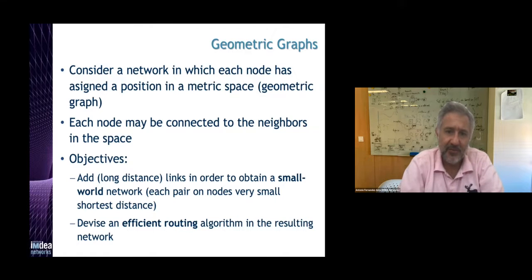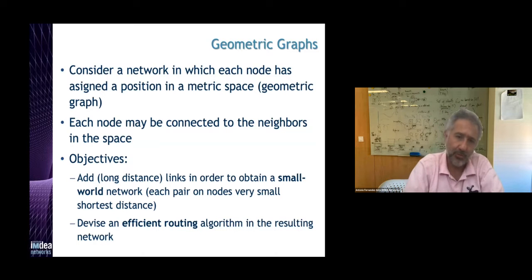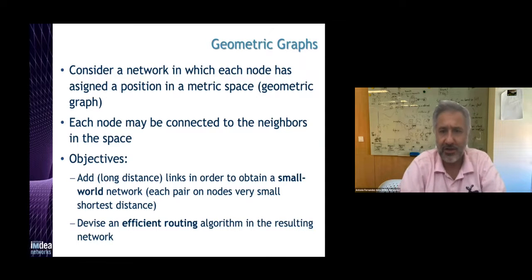And that means that every pair of nodes is connected by a shortest path of very short distance. Ideally constant, but in general, something around polylogarithmic. So that is the first objective, building such a network.